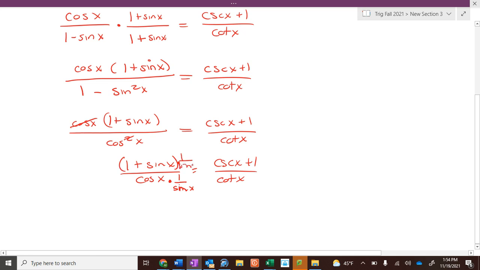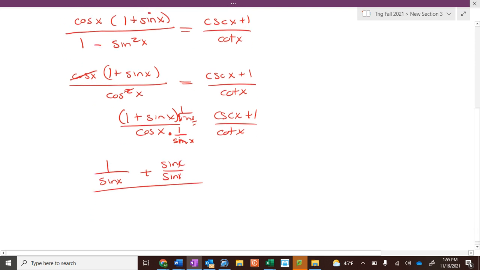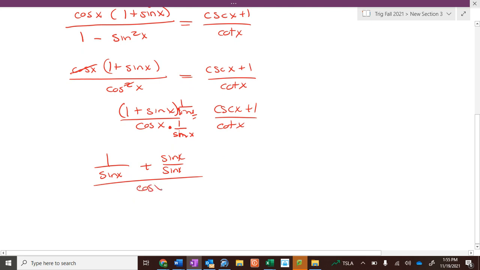Multiply that by 1 over sine of x. If we do that, I get 1 over sine of x plus sine of x over sine of x all over cosine of x over sine of x equals cosecant of x plus 1 over cotangent of x.